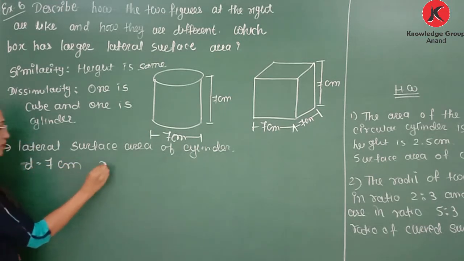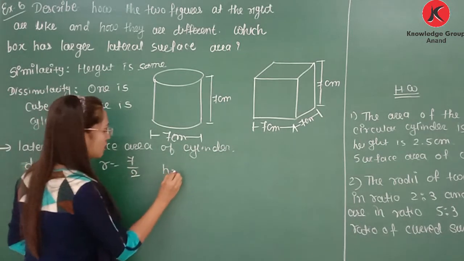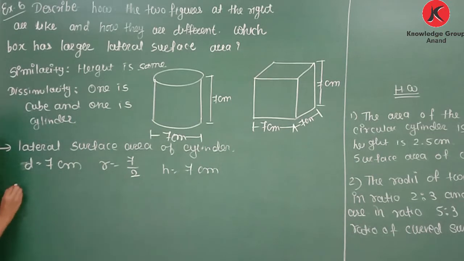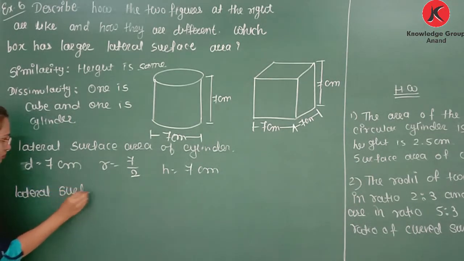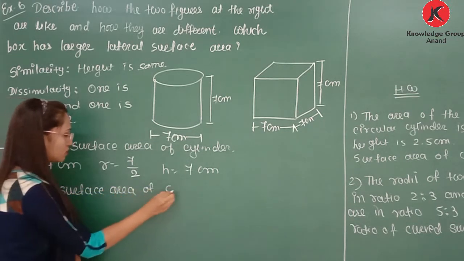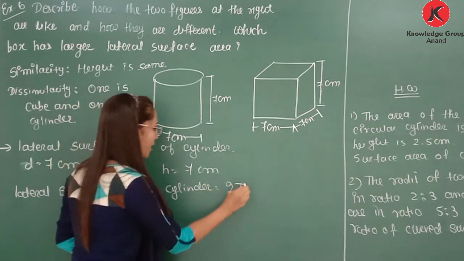So radius will be 7 by 2 and height is 7. So we can write lateral surface area of a cylinder, it is 2 pi r h.